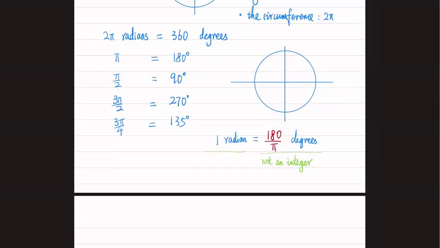For any arc, let me draw an arc. We have two measurements for the arc. One is the corresponding angle.